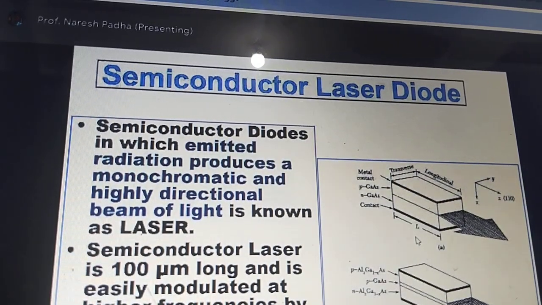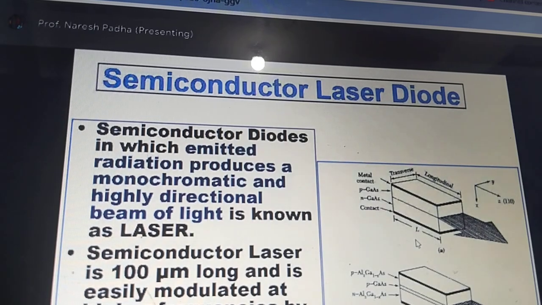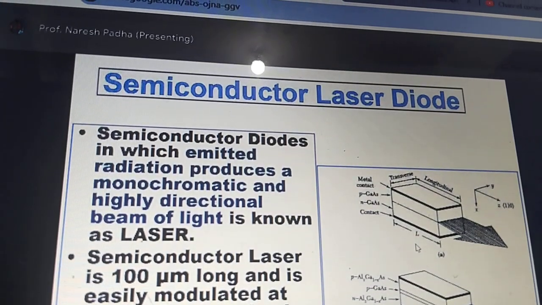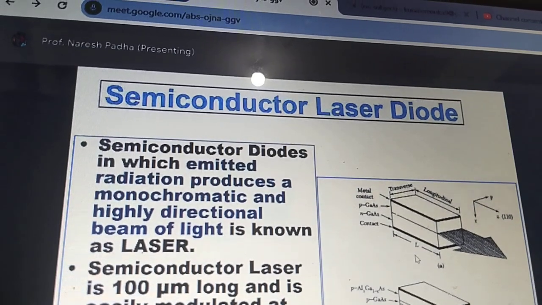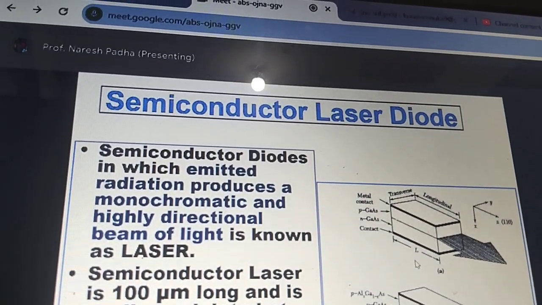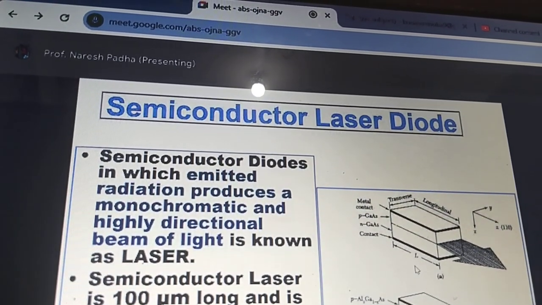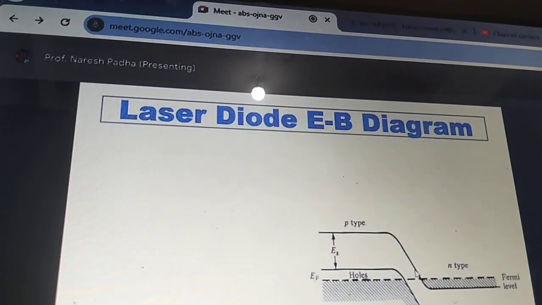By modulating the biasing circuit, we can take it to a very high frequency. Means you can have a very high frequency laser beam using semiconductors. So then there is a structure.